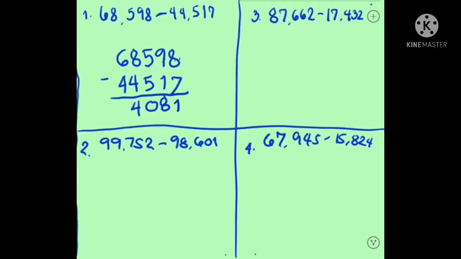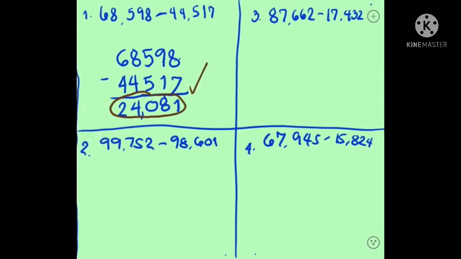Alright. 6 minus 4. 6 minus 4 is 2. Now, who can read our answer? Come on, everybody. Our answer is 24,081. Okay. Correct.